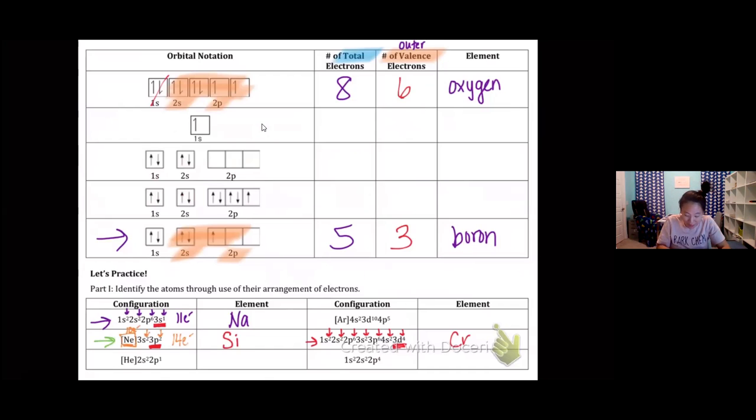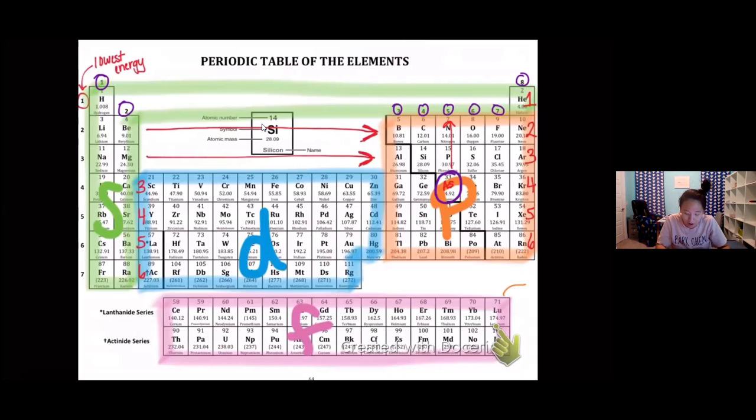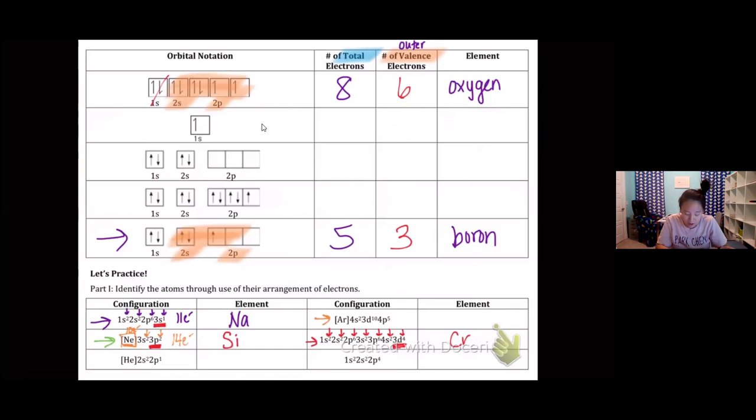So if I were to do it that way for this other example over here, you have argon, 4s2, 3d10, and 4p5. Okay, so it has a noble gas, so you have to look for the noble gas. Argon is here. It has 18 electrons, so you have to consider that. So this has 18 electrons, right?